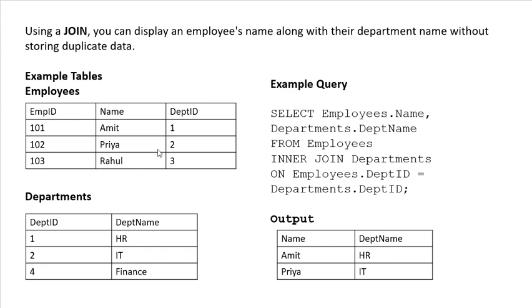Second is Priya, whose department ID is 2, which is IT in the department table. Third is Rahul, with department ID 3, but the department table has no department ID 3 and no department name, so this data is not printed.